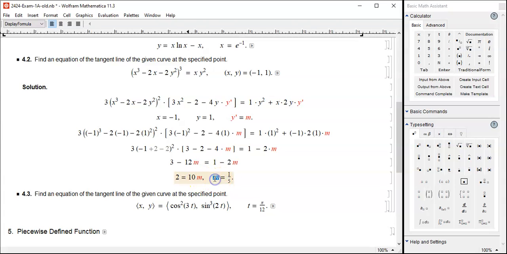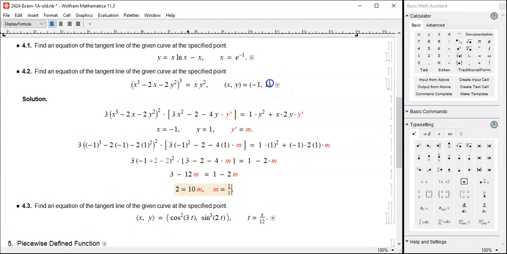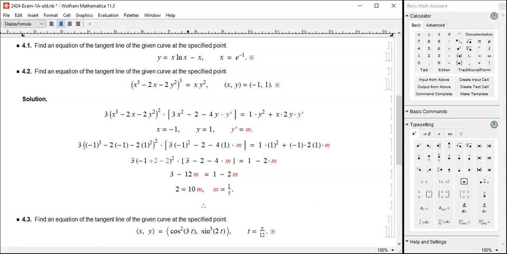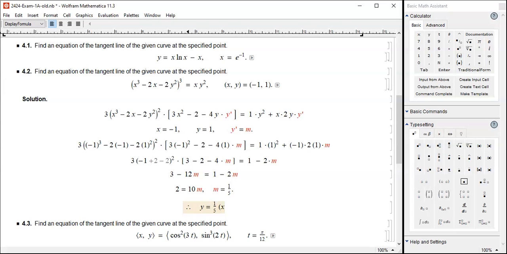Please check my computation here. So I got the slope. The point is already there. So therefore, y equals 1/5 x minus minus plus.